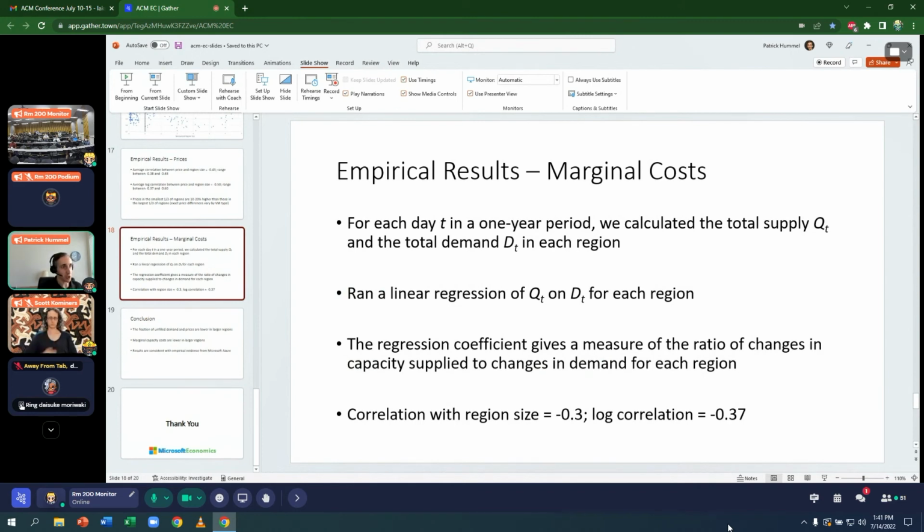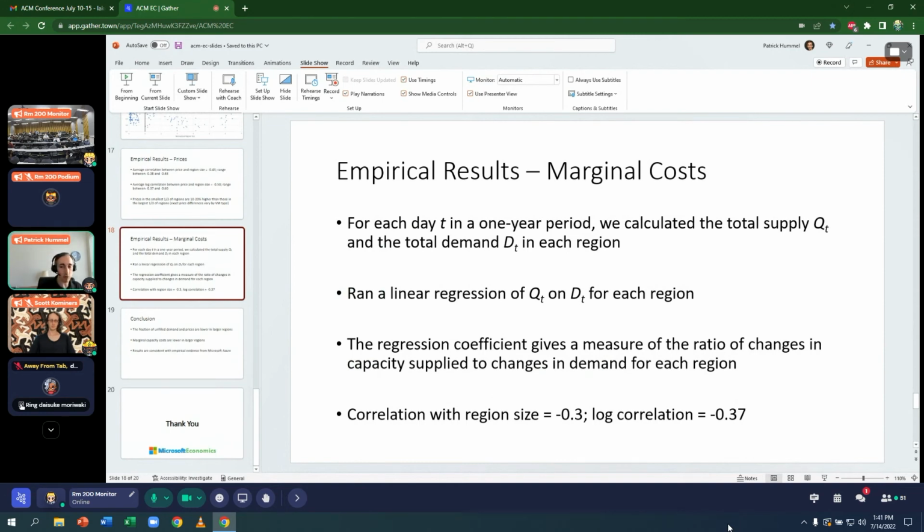And here you can interpret the coefficients in these regressions as giving a measure of the ratio of changes in capacity supplied relative to changes in demand for each region. So they're giving a measure of how much additional capacity the cloud provider has to build out for each additional unit of demand. And so they're giving a proxy for marginal capacity costs in each region.